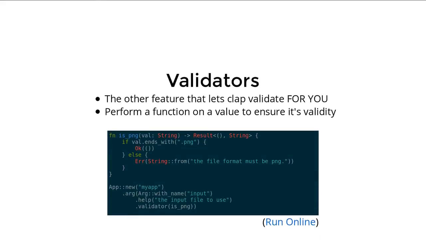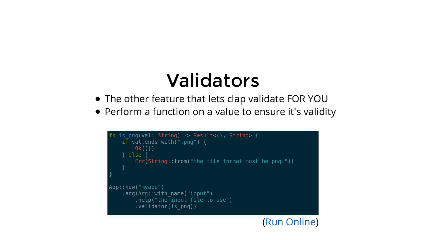You also have a thing called validators, and this is the other key piece of letting clap do the validation for you, or somewhat, because you're kind of defining the function. You can have a particular function or a closure run on every single value of a particular argument if you need to. For example, this one checks if the input file ends with PNG. If not, it'll return back an error.